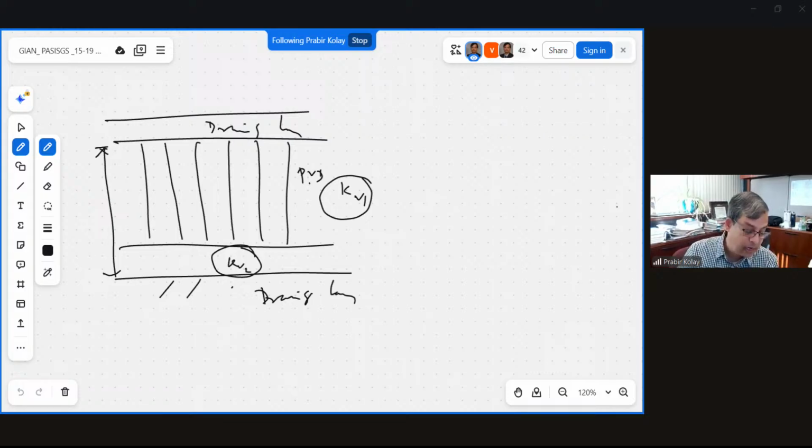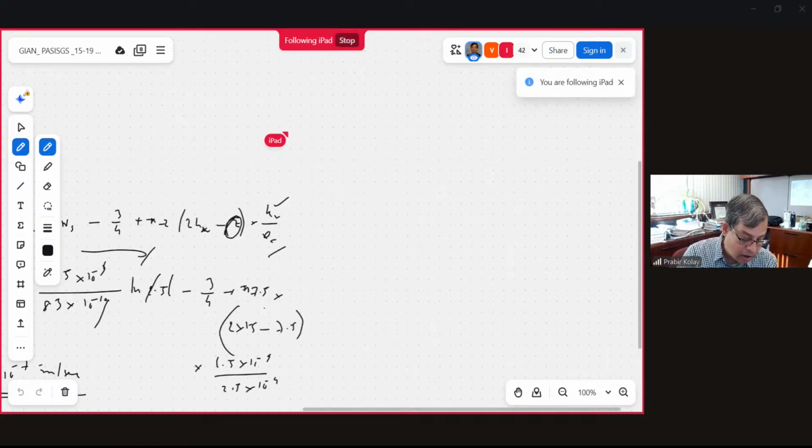And KV2 is the vertical permeability of the soil below the PVD improved zone. So this is the PVD up to here, and this is below the PVD improved soil. That is the permeability. And H is the thickness of the soft soil. The total thickness is H. And then HDR is the one you can easily calculate.